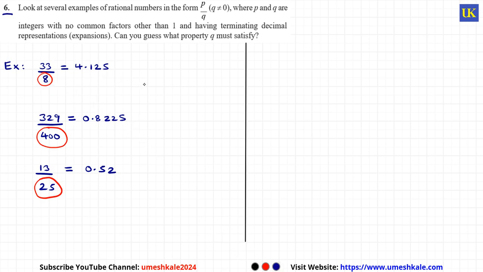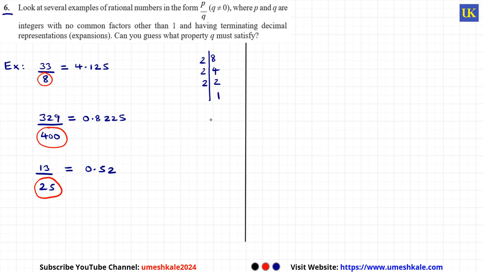To understand this, we will find the factors of the denominators. So we will find the factors of 8. 2 4s are 8, 2 2s are 4, 2 1s are 2.